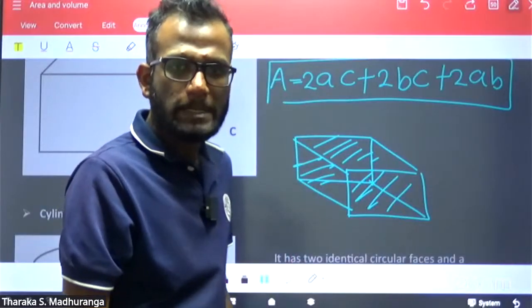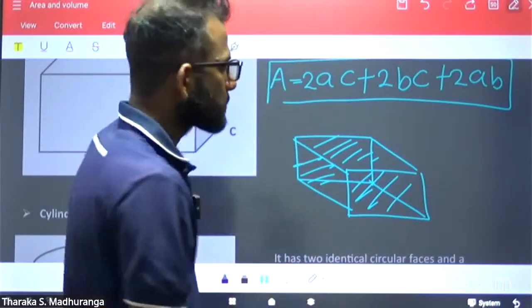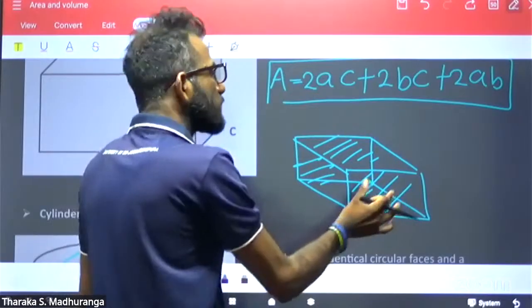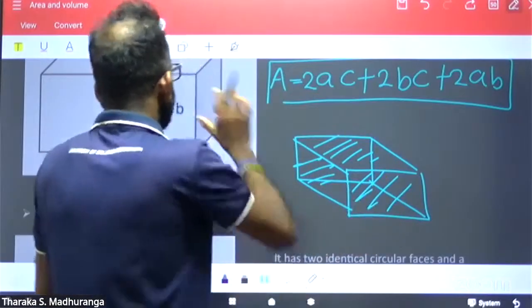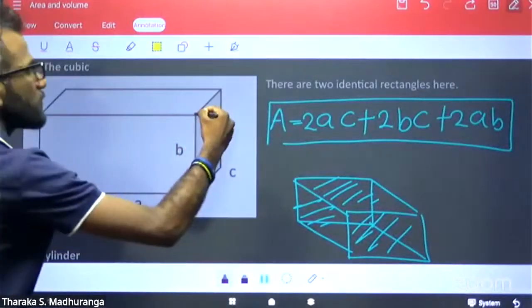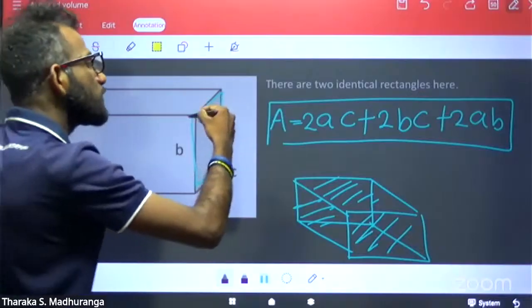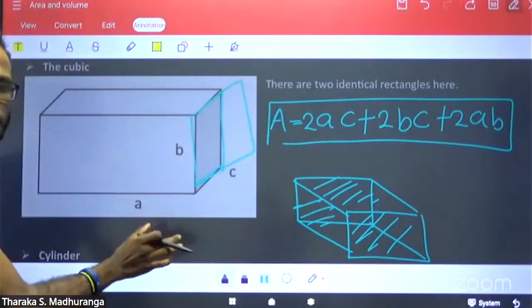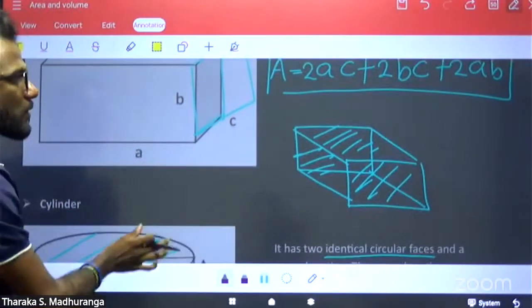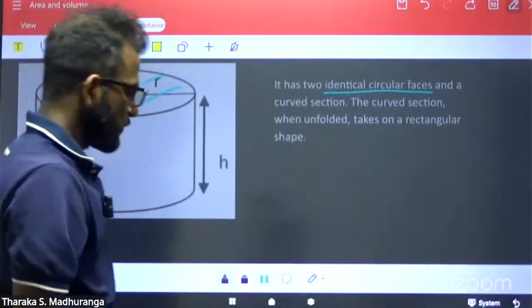Understood? You have to take these three separately and add. Otherwise, for a cube it is a square shape, but if this surface is a rectangle, it is a problem.